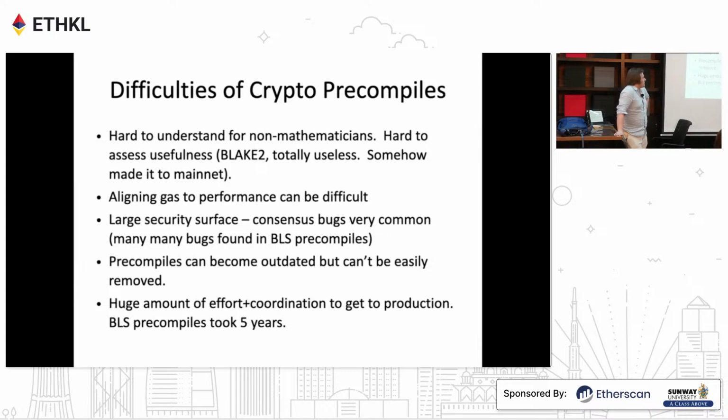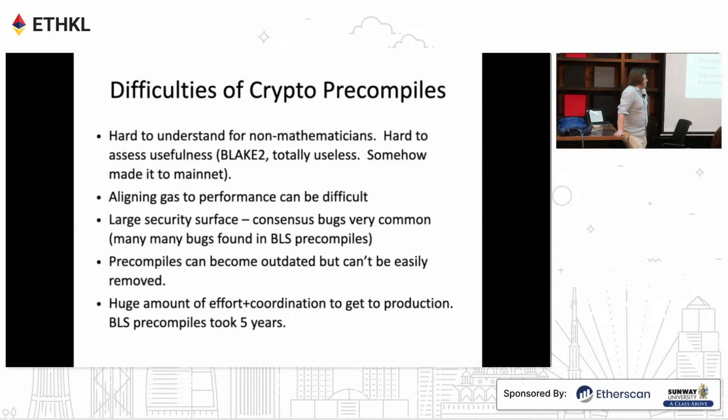In the past, in 2018, for example, we introduced a precompile for the Blake2 hash function that ended up being totally useless. It was useless from the start. Originally, it was purported to allow some sort of interoperability with Zcash, and then it turns out that we included a version of it that had incorrect parameters, and it made it to mainnet and doesn't do anything.